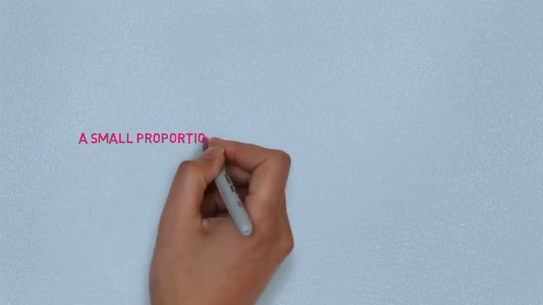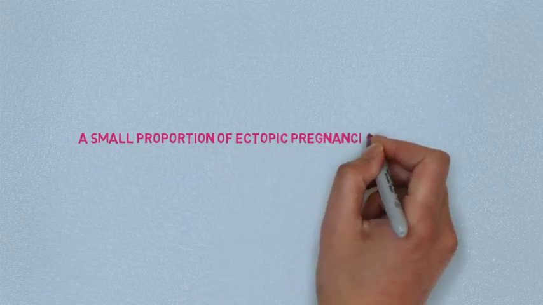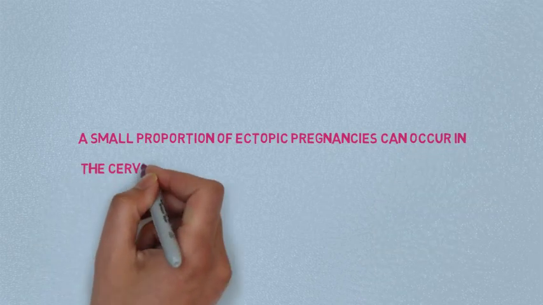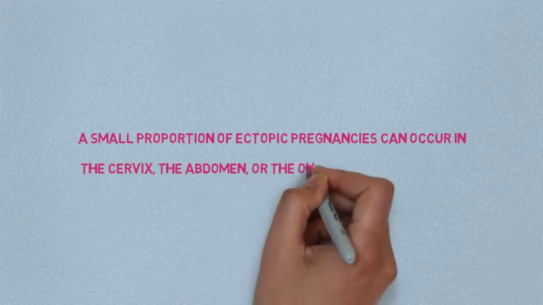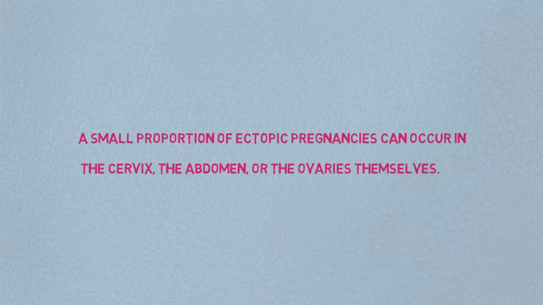A small proportion of ectopic pregnancies can occur in the cervix, the abdomen, or even the ovaries themselves. However, 95% of ectopic pregnancies occur within the fallopian tube.